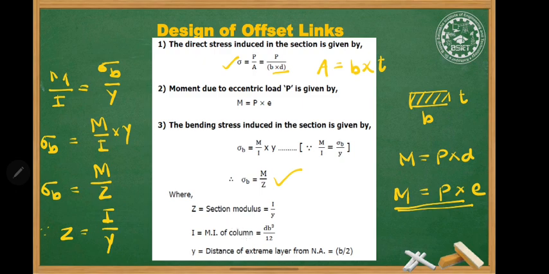For this section our moment of inertia will be t b cube by 12, in terms of t, and Y is the distance of the extreme layer from the neutral axis, that is b by 2.